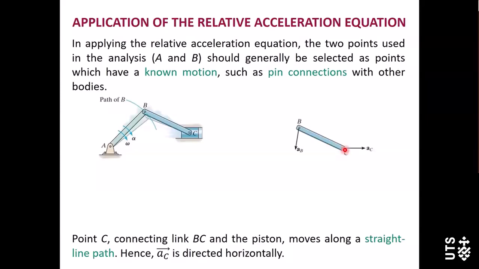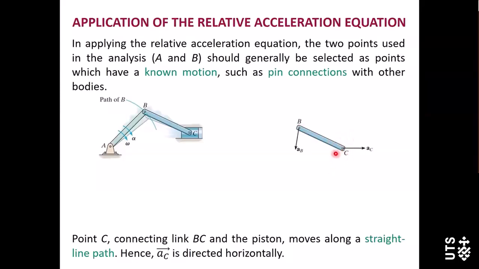Of course, similar to what we did in velocity analysis, we need to select 2 points. For this link BC, the 2 points should be B and C, because these 2 points are pin connection points.